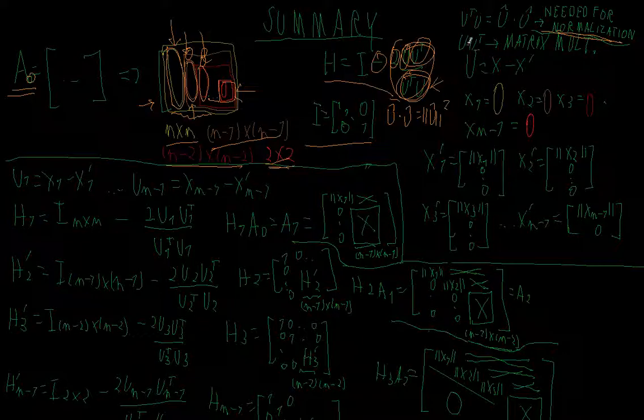Then remember that this U transpose in the numerator, so above the fraction part, is simply a matrix multiplication, nothing complicated. Our vector U is defined as x minus x prime, where x is, as I said, each time the first column vector of the submatrix we consider. So I've written here with the same colors as here.